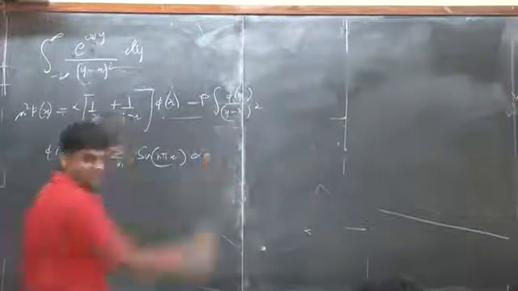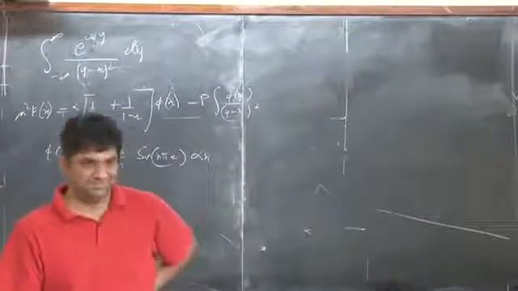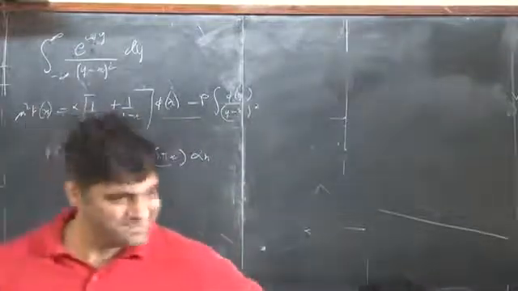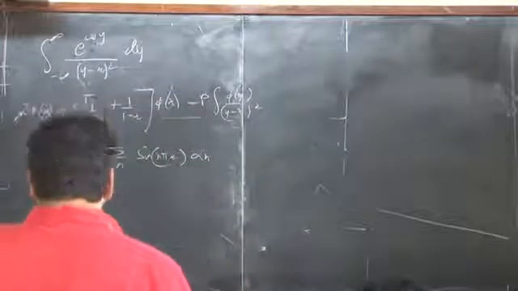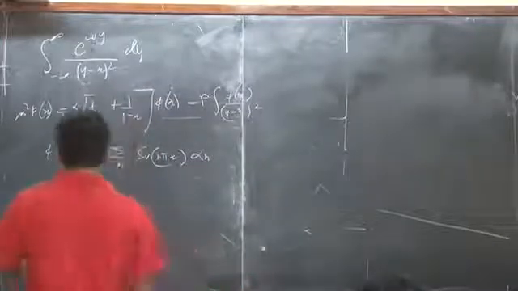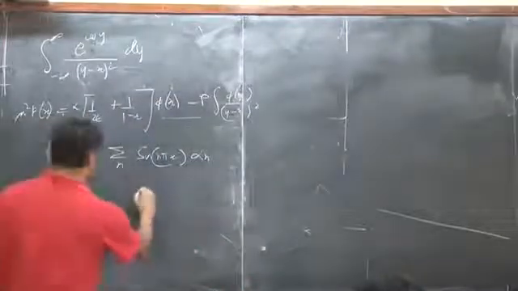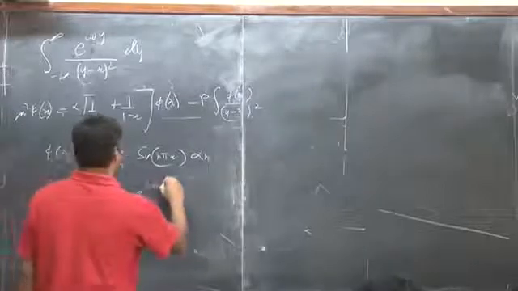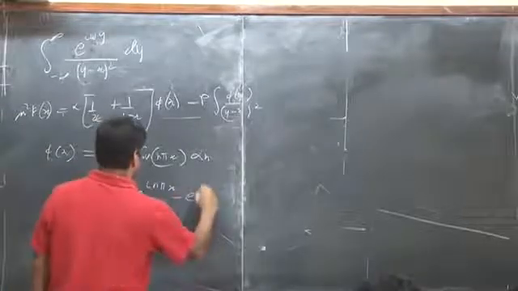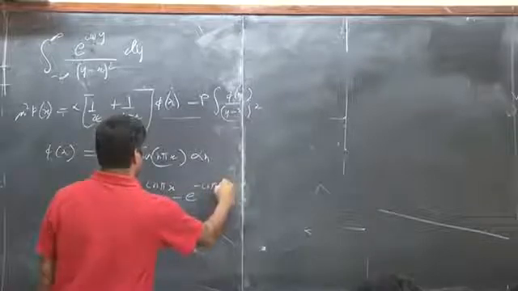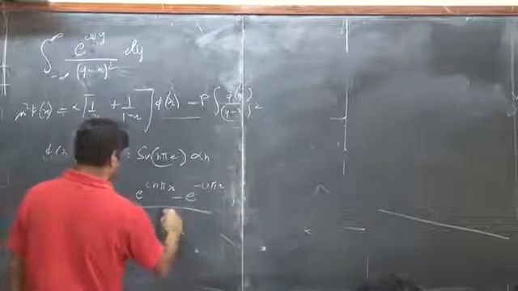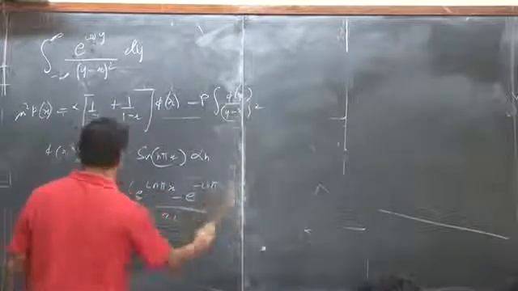That of course is general. Okay? But the point is that sine n pi x is e to the power i n pi x minus e to the power minus i n pi x over 2i.